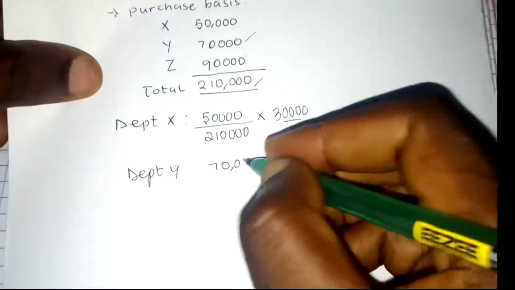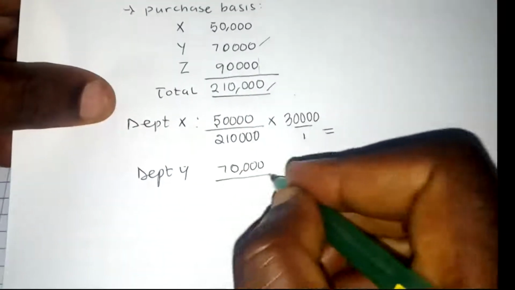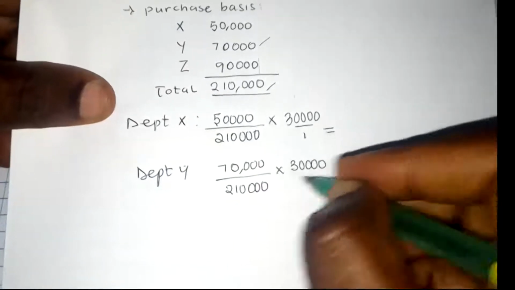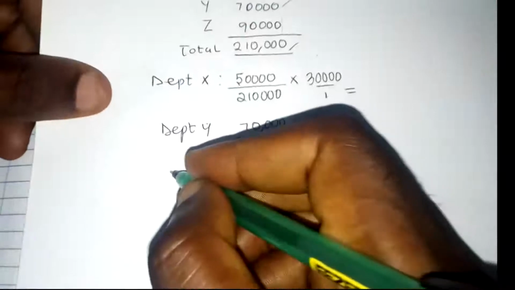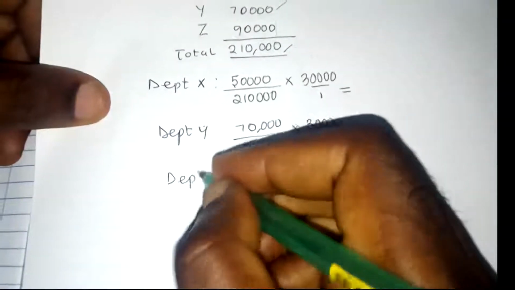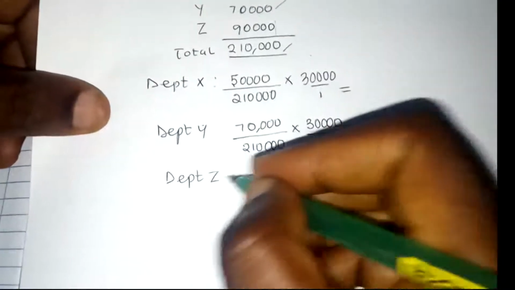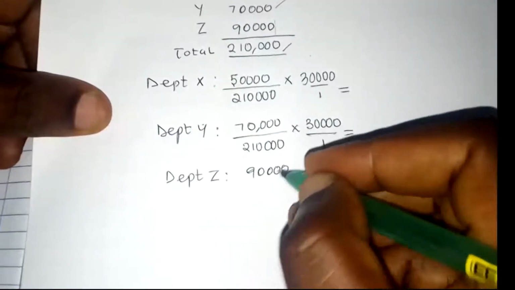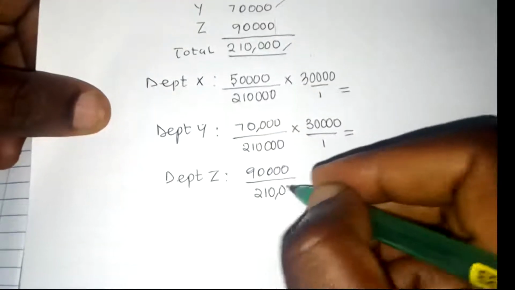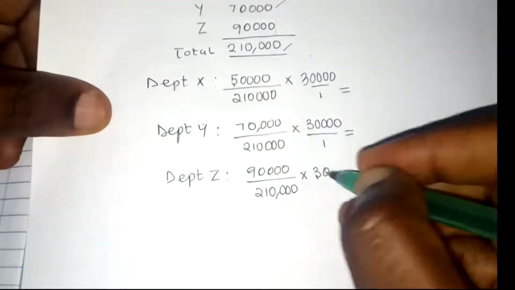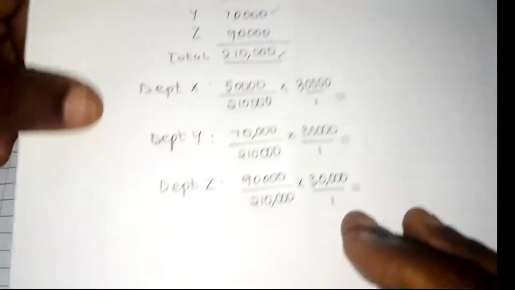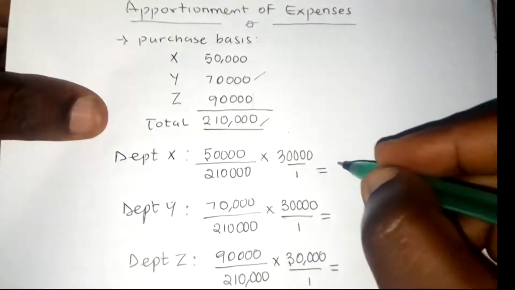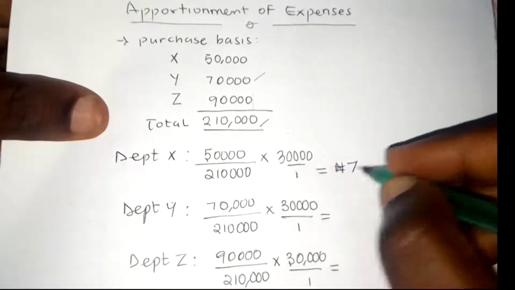When you press your calculator, this will give you 7,143 naira for department X. Department Y will give you 10,000 naira. Then department Z will give you 12,857. By the time you add this, it must give you the 30,000.